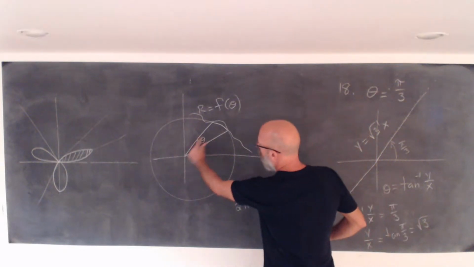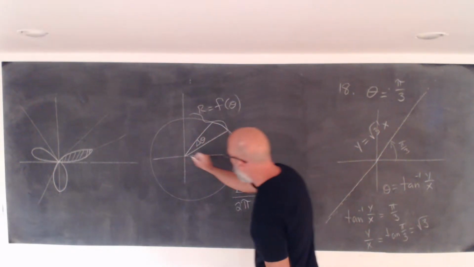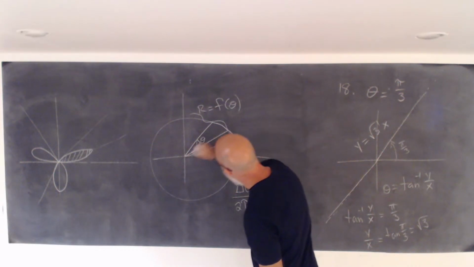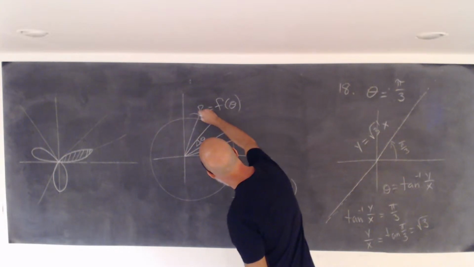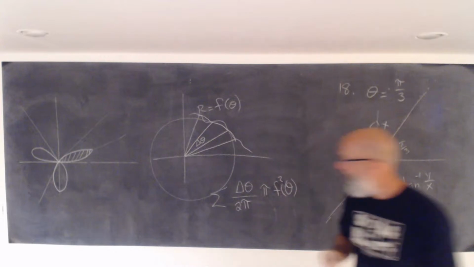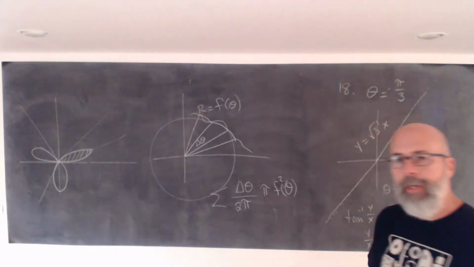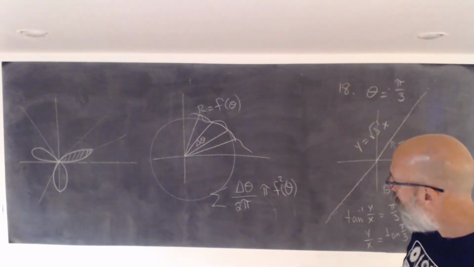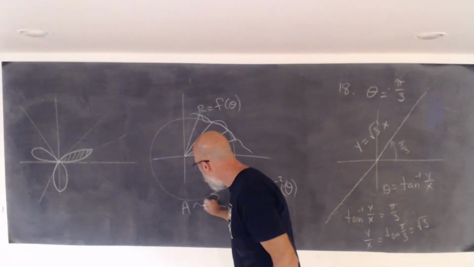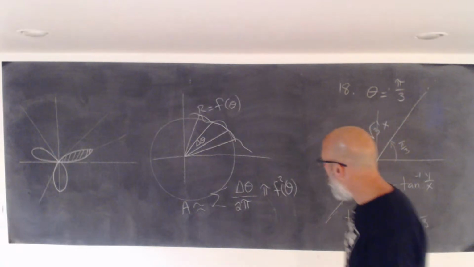And you do this for one thin slice, and then you redo it for another slice and another slice. And you add all of these up to get a Riemann sum. And the area is going to be approximately this.